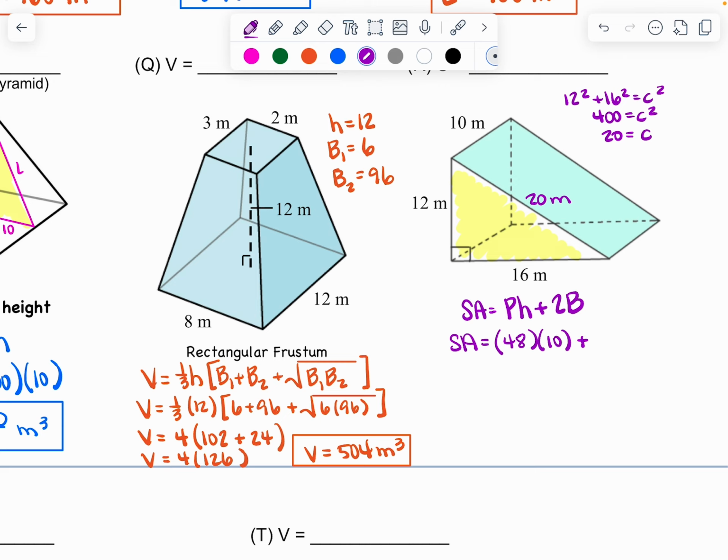And then, of course, the height of the prism is the 10 because that's the distance from right triangle to right triangle base. And then I need to add on the areas of the two bases. Well, they're just right triangles, so that's just 1/2 base times height. And I love right triangles because obviously the two legs are the base and the height.